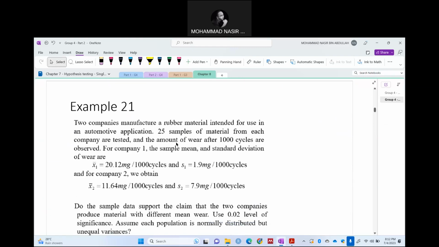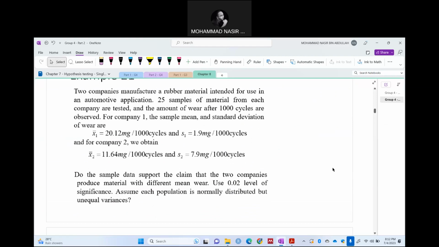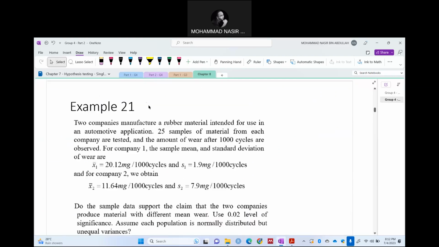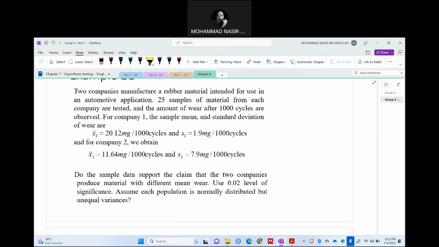So now let's look at the example, right? Example number 21. Two companies manufacture rubber material intend for use in automobile application. So 25 samples of material from each company are tested. So the amount of wear after 1,000 cycle observed.